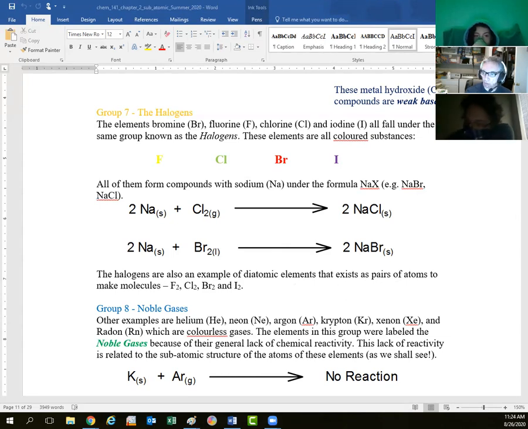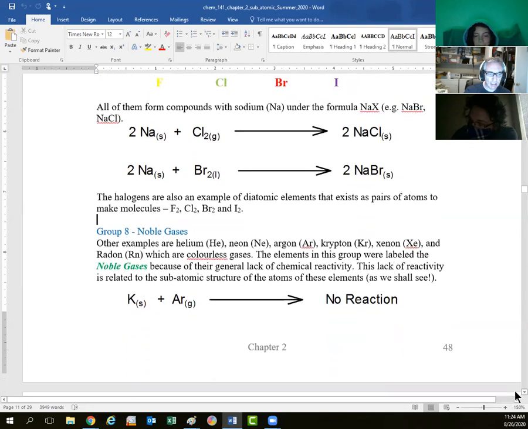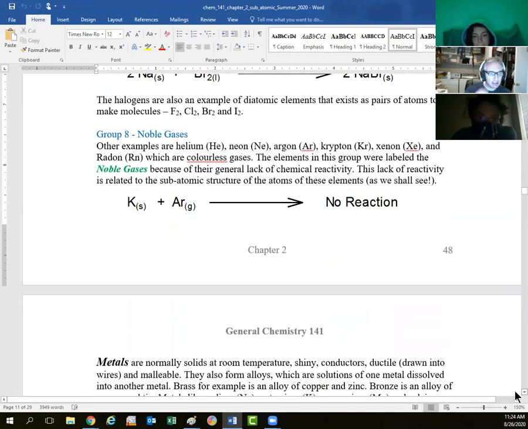And looking at group 8, our last group, the last element at the end of each row, each period, that's our noble gases. Noble gases are colourless gases, and they're also incredibly unreactive. It's almost impossible to get the noble gases to react in any way with any other chemical. There's a couple of exceptions.